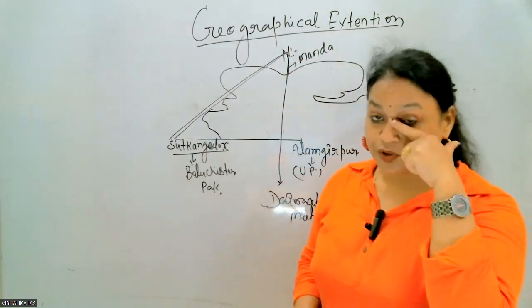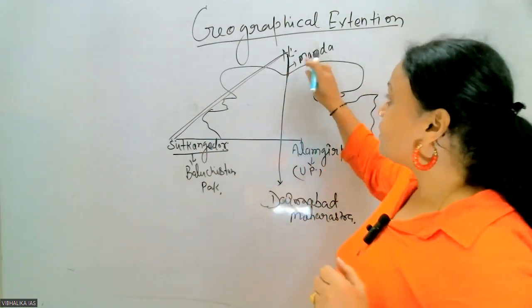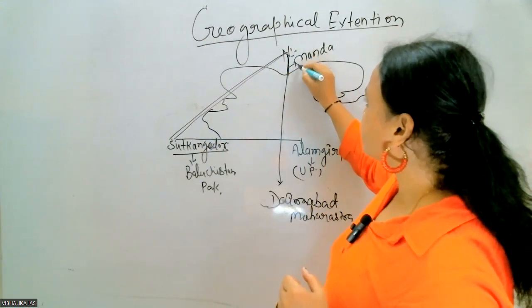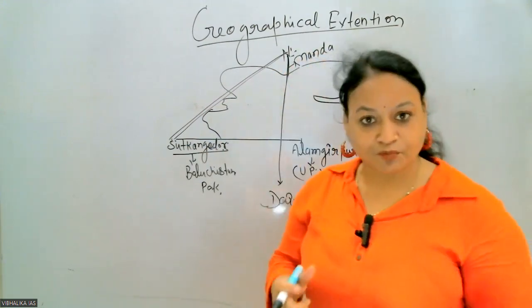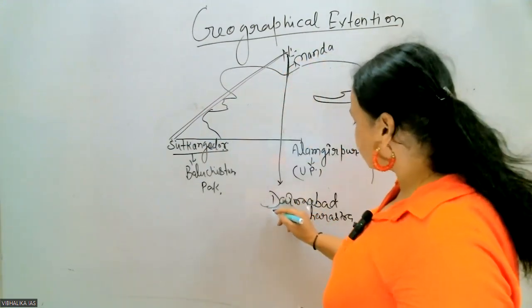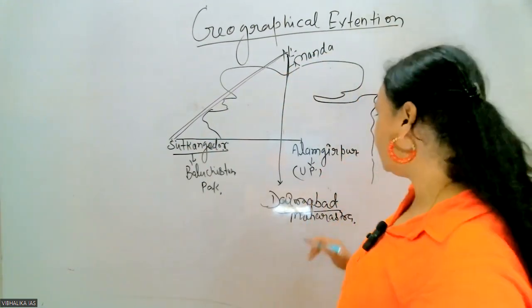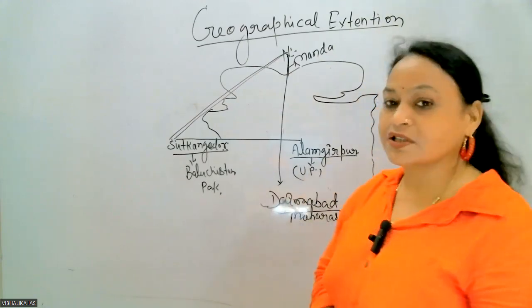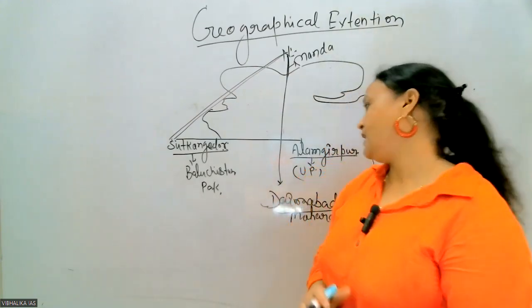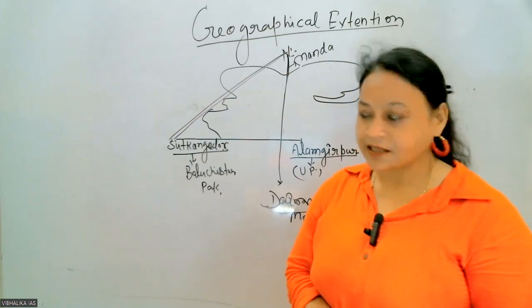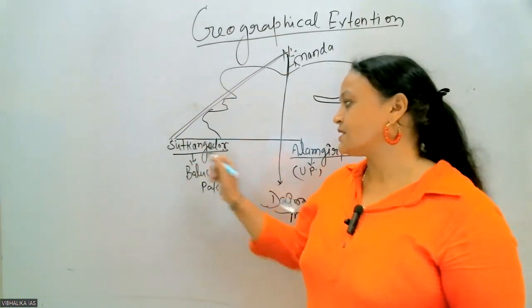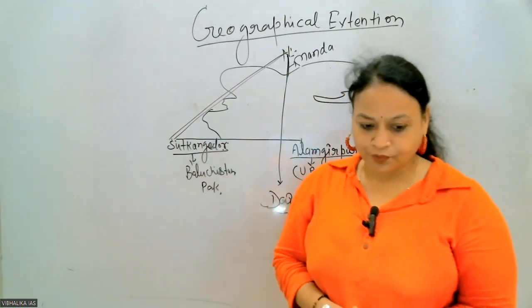So now I'm going to repeat this. What is the northernmost site? This is Manda, in Jammu and Kashmir. Southernmost is Daimabad, situated in Maharashtra. And the easternmost site is Alamgirpur, situated in Uttar Pradesh. And the westernmost site is Sutkagen Dor. Right?